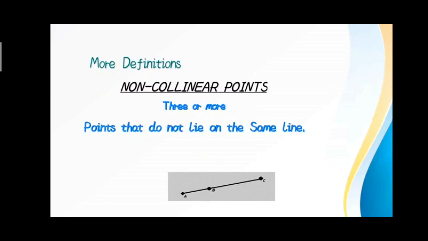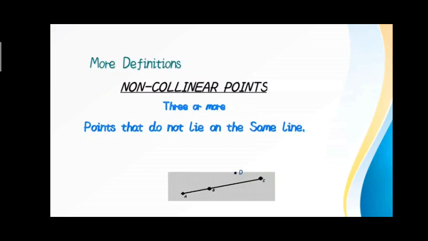Because all three points lie on the same line. But what if we include D also? You can clearly notice that D is not on the line, right? So in that case A, B, C, D are non-collinear points because D is not on the line, right?